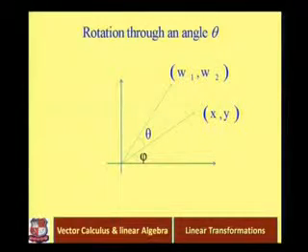If we rotate this vector (x, y) by an angle theta, the new vector becomes (w1, w2). What is the total angle of this vector (w1, w2) with the x axis? Theta plus phi. So just keep this figure in mind.